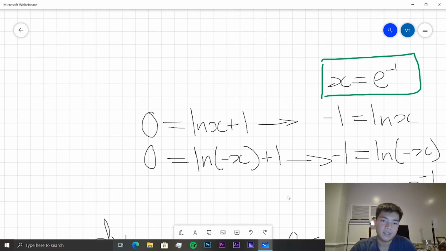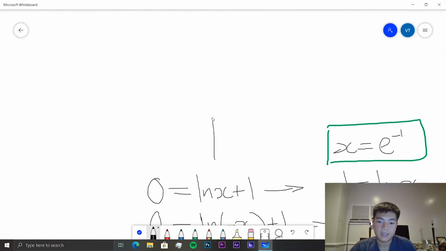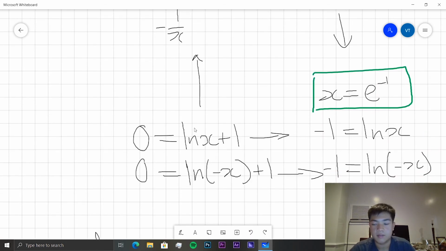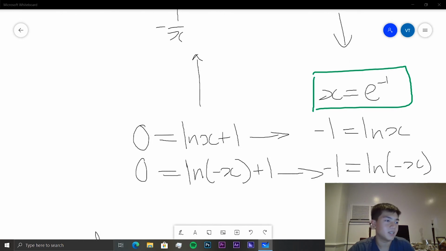To find their nature, we can get the derivatives of these again. So this is equal to 1 over x. So 1 over e to the negative 1 is e. So this is a minimum. And then next for this other one, we have negative 1 over x. Wait, we have 2 minimums, I think. Is this correct?